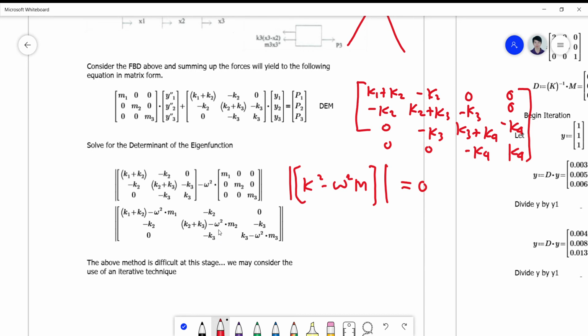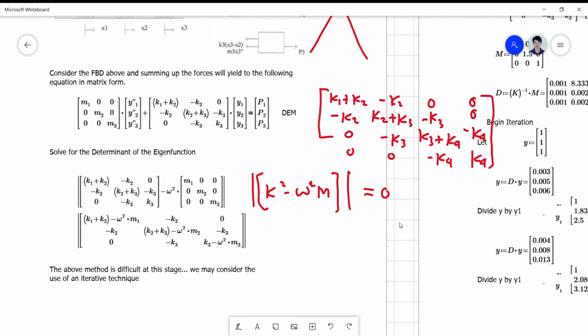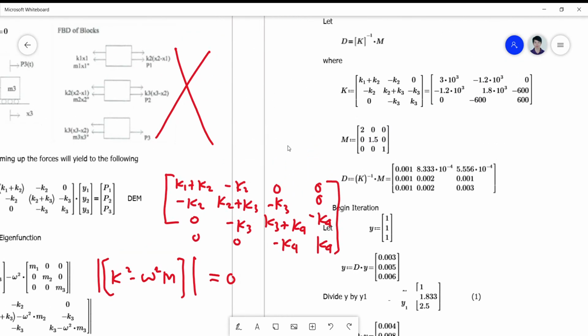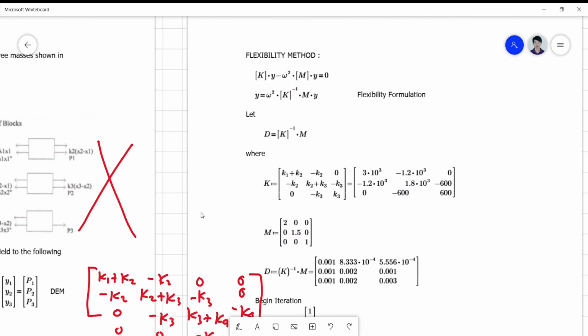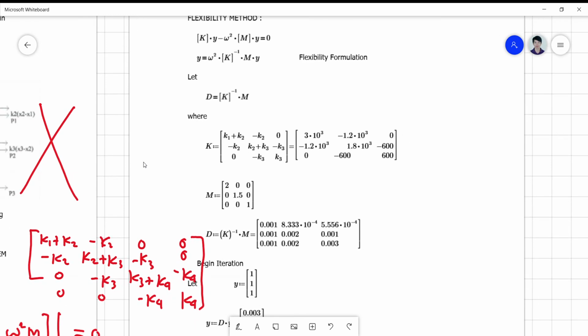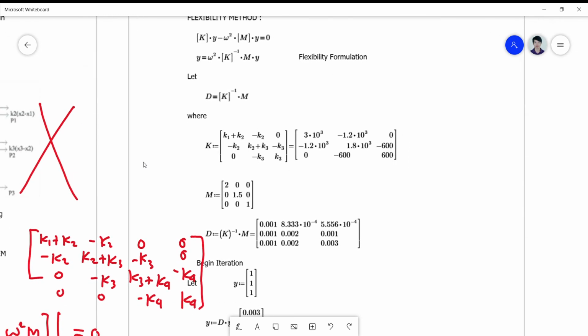And doing the standard determinant process, it's very difficult not to do it at this stage. That's why some techniques which I'm going to give you now in the form of a flexibility equation will help you do the computation.